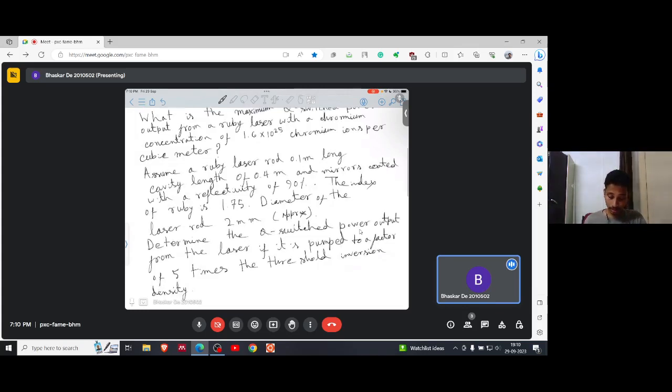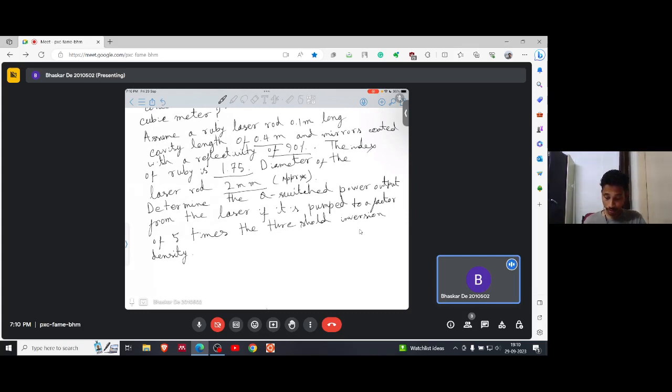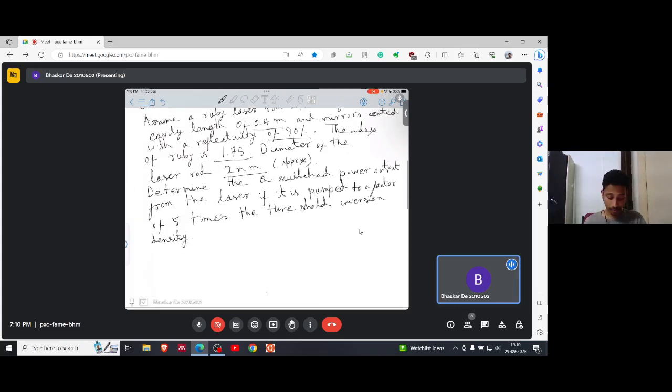Then there is some information about the laser: the UV rod is 0.1 meter long, cavity length is 0.4 meter, mirrors are coated with 90% reflectivity, the index of the UV is 1.75, and the diameter of the laser rod is 2 mm. Then the second question is to determine the Q switched power output from the laser if it is pumped to a factor of 5 times the threshold inversion.